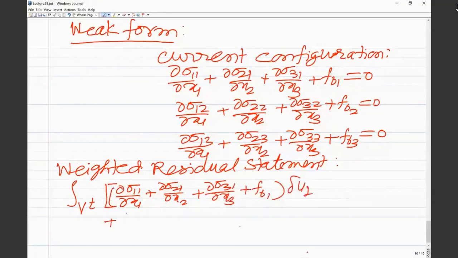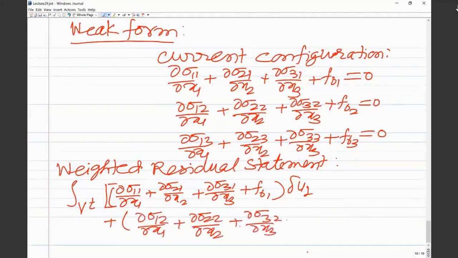Plus, like that, you will have the other two equations here, del sigma 12 upon del x1 plus del sigma 22 upon del x2 plus del sigma 32 upon del x3 plus FB2 into delta U2. So this is the weighted residual statement.